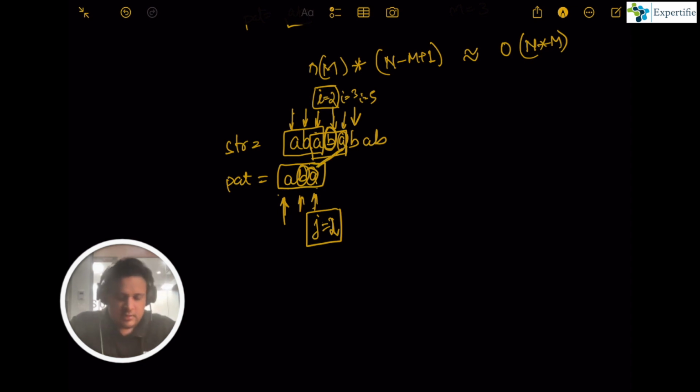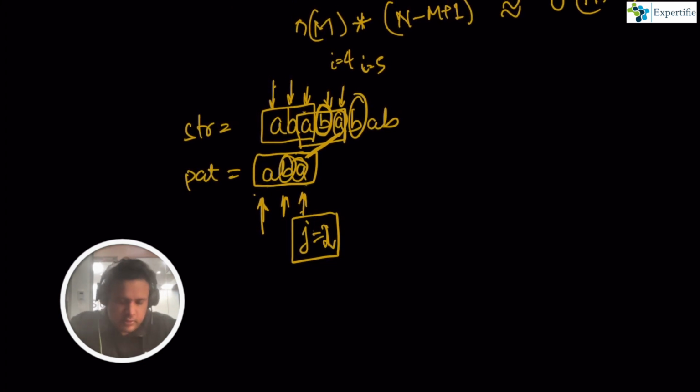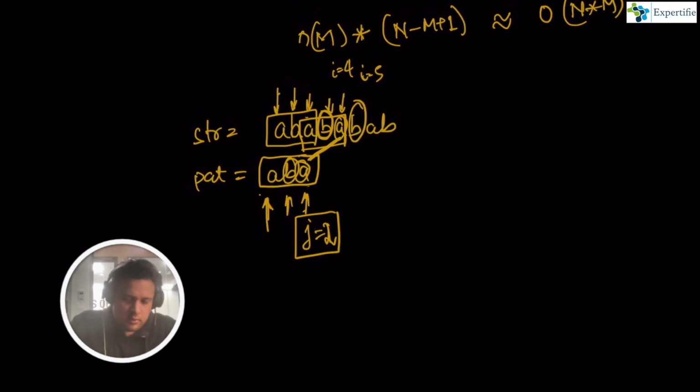they both matched. So when i was equal to 4, let us erase old things, j was equal to 2, and now I want to make my i equal to 5. At this position, same question: where should my j go now?